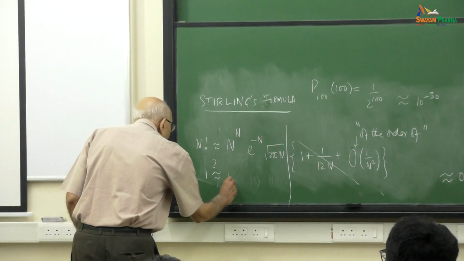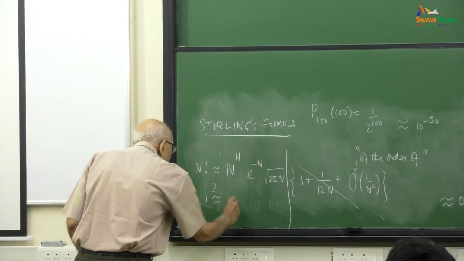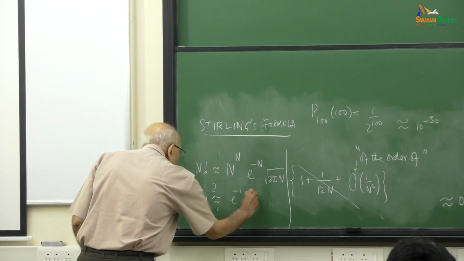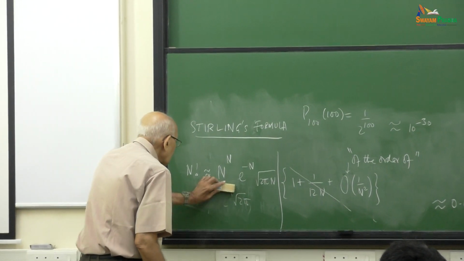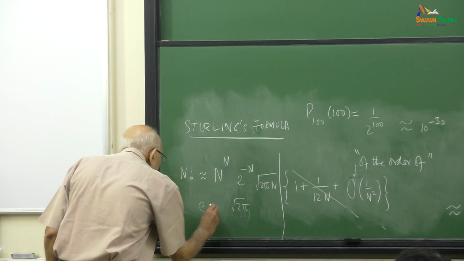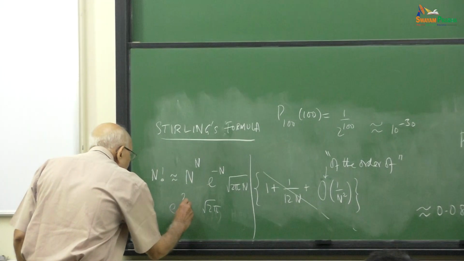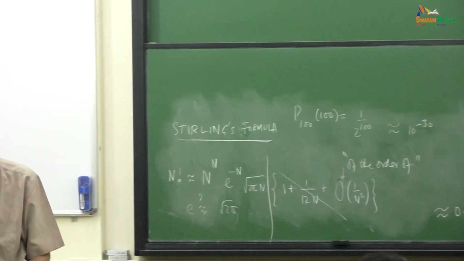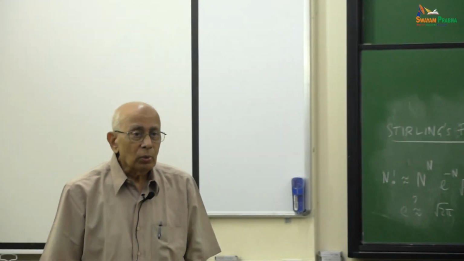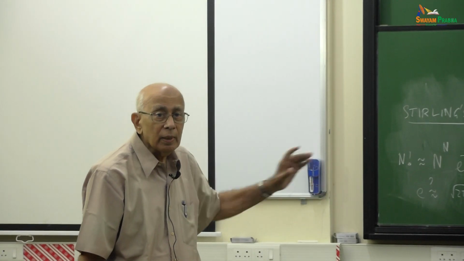Is that 1 to the power 1 times e to the minus 1 times root of 2 pi? So the question asked is: is e approximately root 2 pi? It's not equal to, they are very different numbers altogether. What would you say? I've given you enough data to tell me, is this true or not?